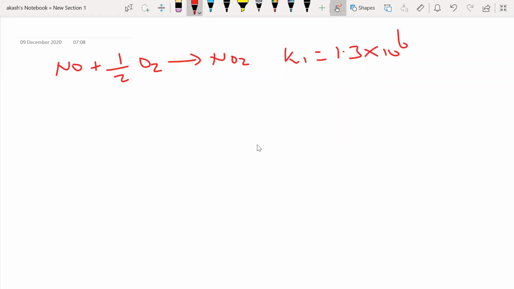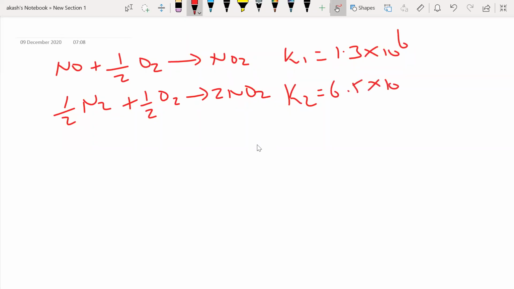Next, for this, K2 is 6.5 into 10 to the power minus 16.